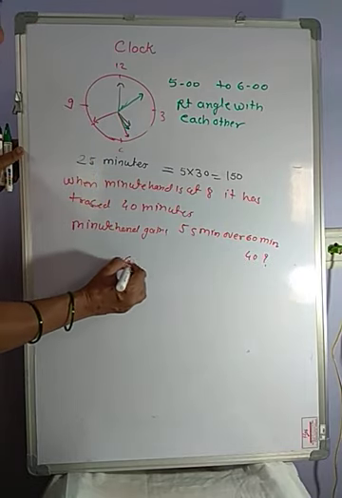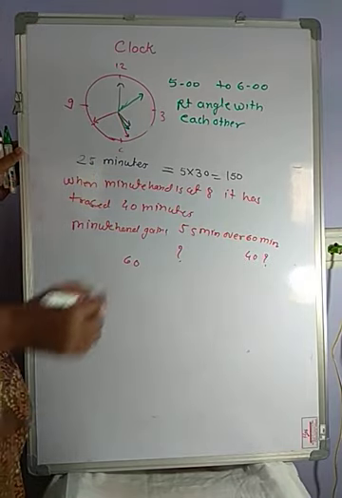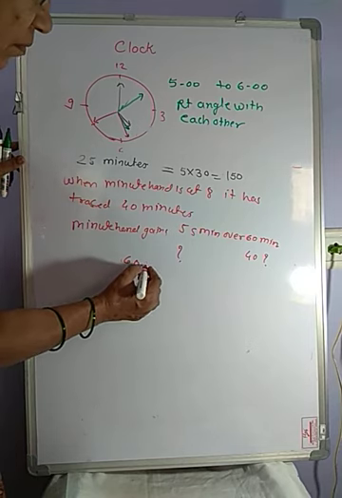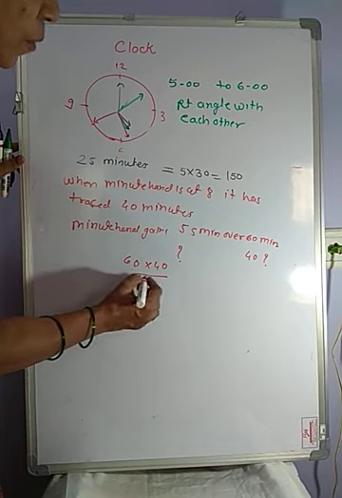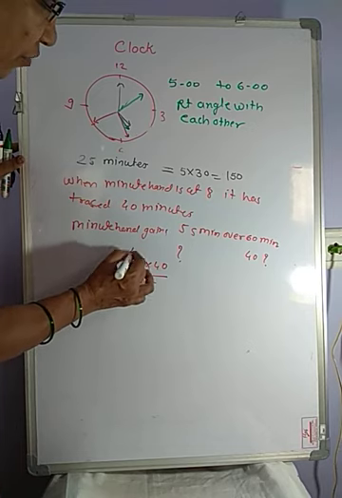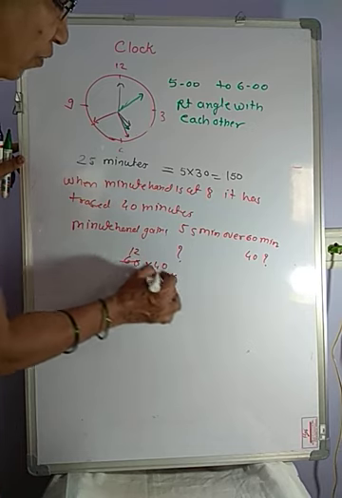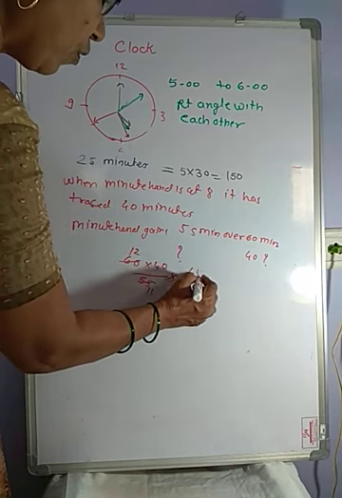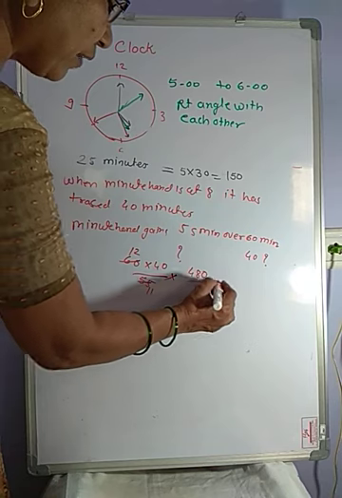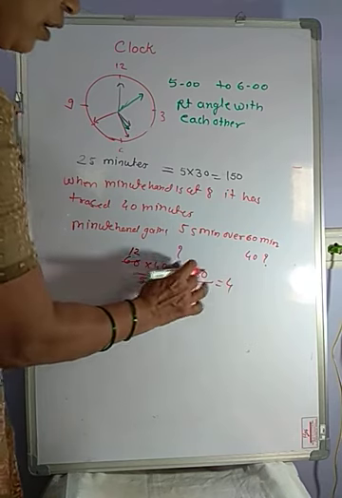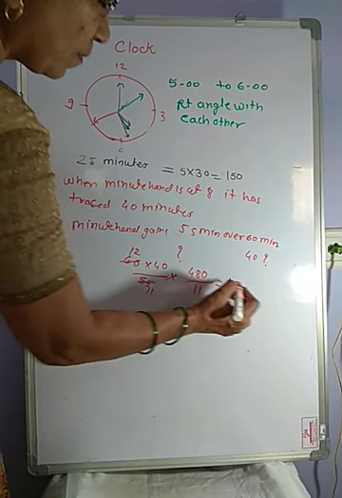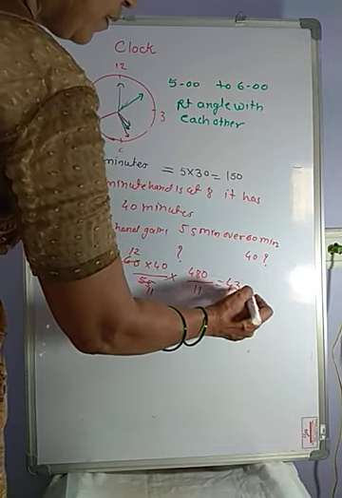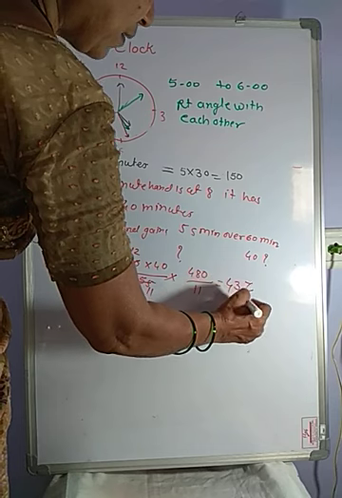Again, it is 60. How much time will it gain? 60 into 40 upon 55. Again 12 upon 11 into 40. What is 12 times 40? 480. 480 upon 11. That will be 43, and remaining 7, so we can say 7 by 11.